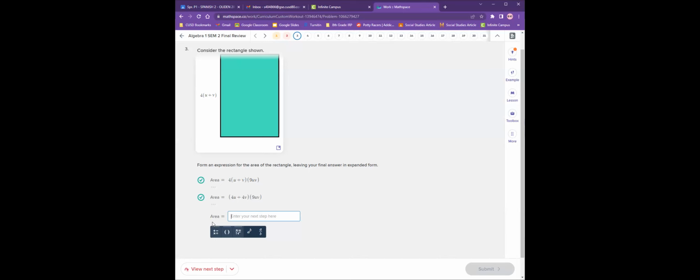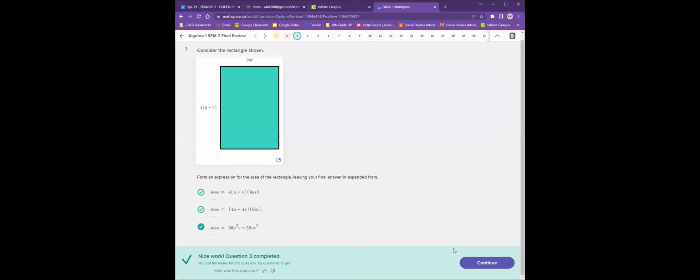That's correct. Usually the u comes before v, so on that second one you would do 36uv squared. Yep, there we go.